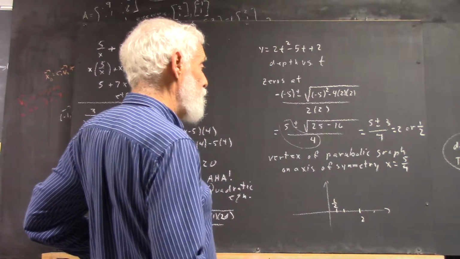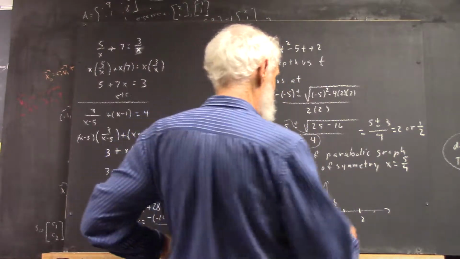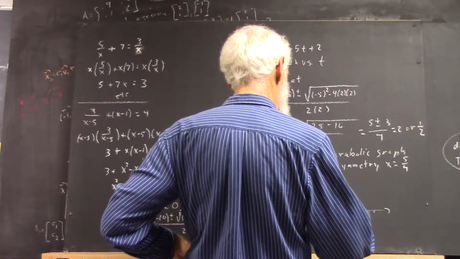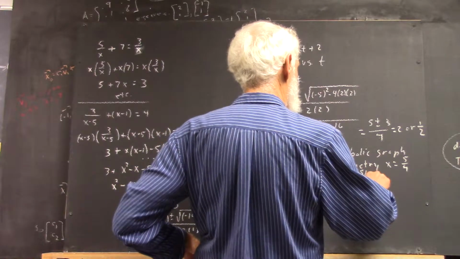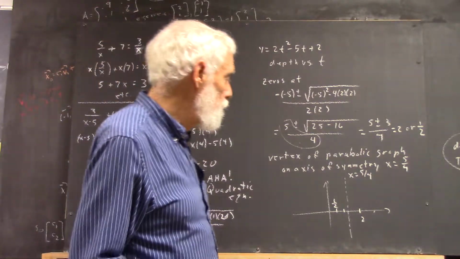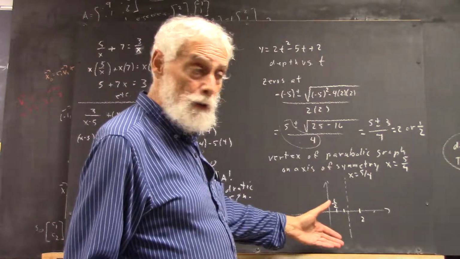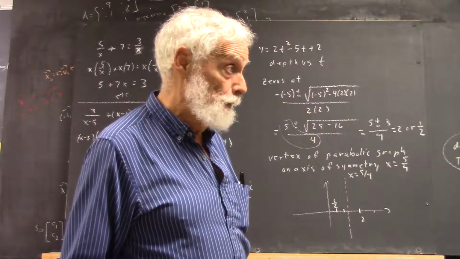And the axis of symmetry is at 5/4, which is 1 1/4, right? And then the only thing you got to figure out is how high or low you have to go on this axis of symmetry to get your vertex, right?